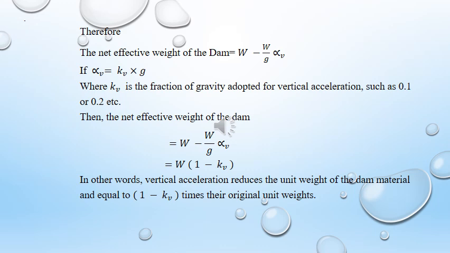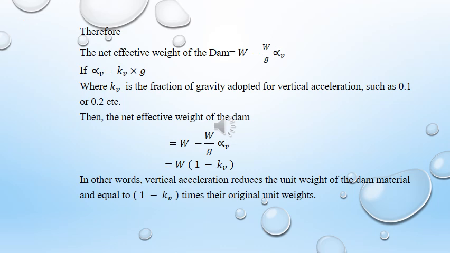If alpha v is taken as kv into g, where kv is the fraction of gravity adopted for the vertical acceleration, such as 0.1 to 0.2, then putting in the value of kv, we get W into 1 minus kv.